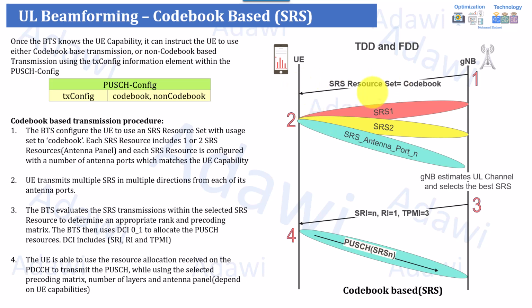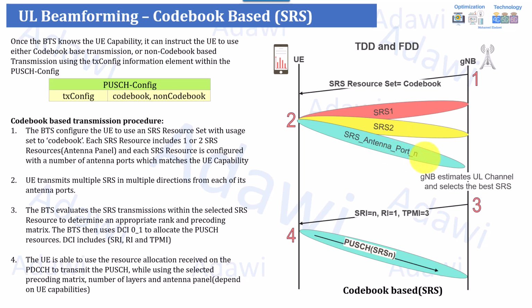Under the SRS resource set, there is something called an SRS resource, which defines the number of ports to be used by the SRS. So for example, after the UE receives this information, it understands that it has 4 ports, so it can transmit up to 4 uplink sounding reference signals using 4 different ports, for example SRS port 1, 2, up to port number n.